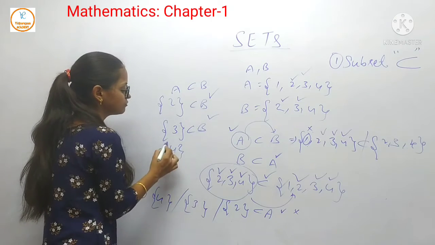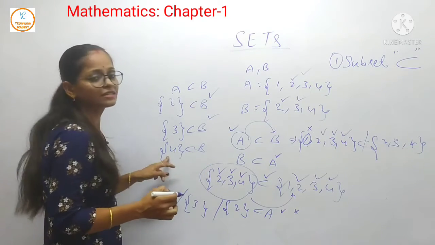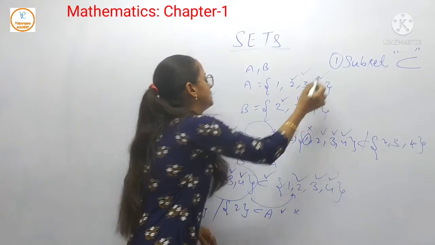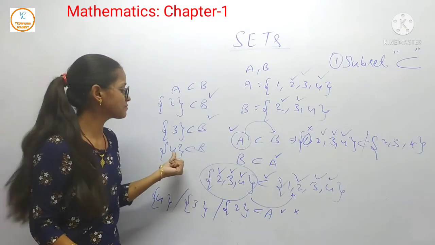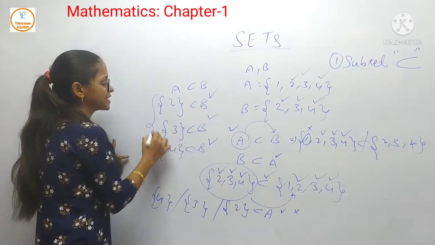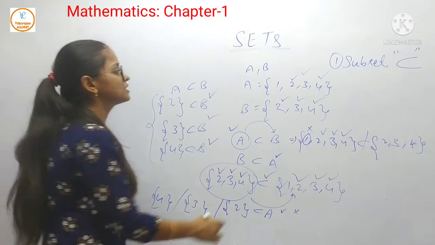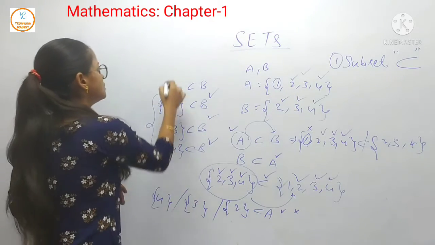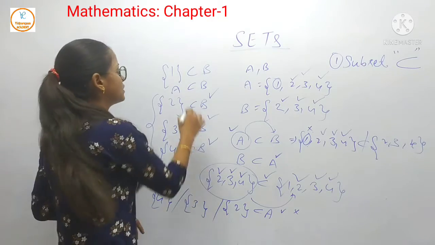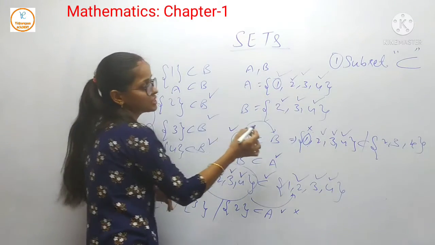Now let us consider 4. Element 4 belongs to B. So A has 4, and this is a subset of B means it is present in B. Yes, it is present. So these are subsets of B. Now consider this element in A. 1 is a subset of B. Is it correct? 1 is present here, but is 1 present in B?